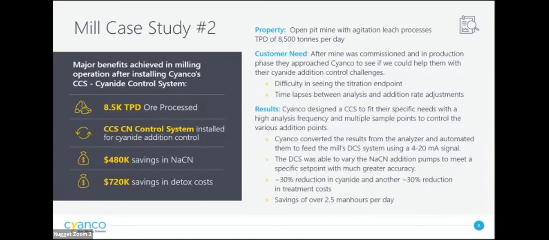After the cyanide analyzer was installed, the client was able to make an annual saving of $480,000 in cyanide, and another $720,000 saving in detox cost.